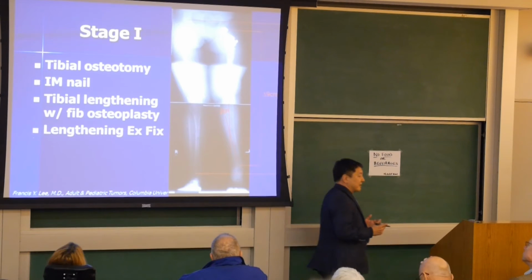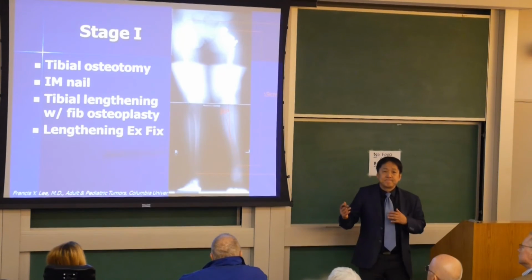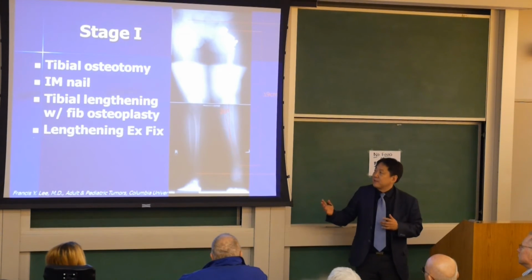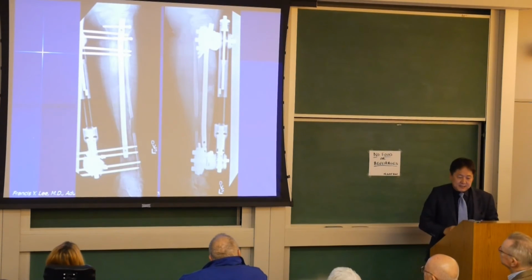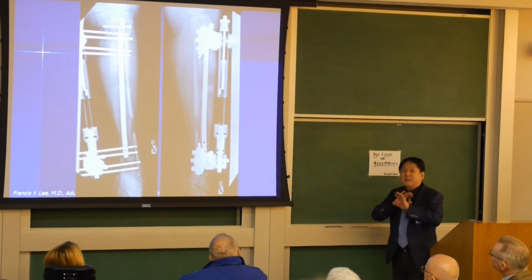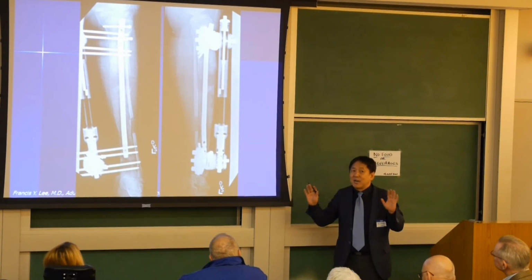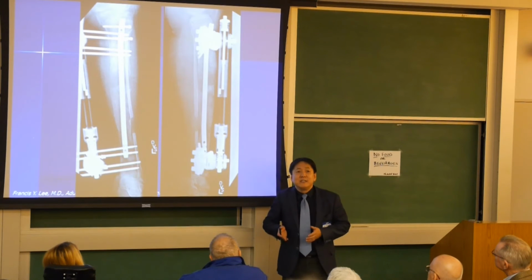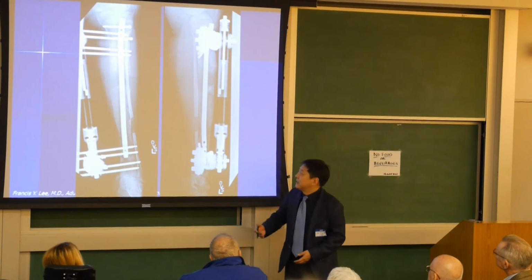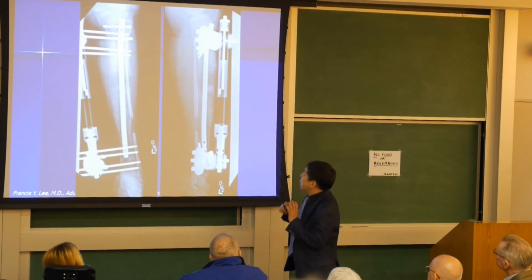So what I did was lengthen the tibia and also do an Achilles tendon release. Lengthening is not usually done in fibrous dysplasia. However, in her case, it was unilateral, and she needed it for her professional life and also hopefully better function of life.